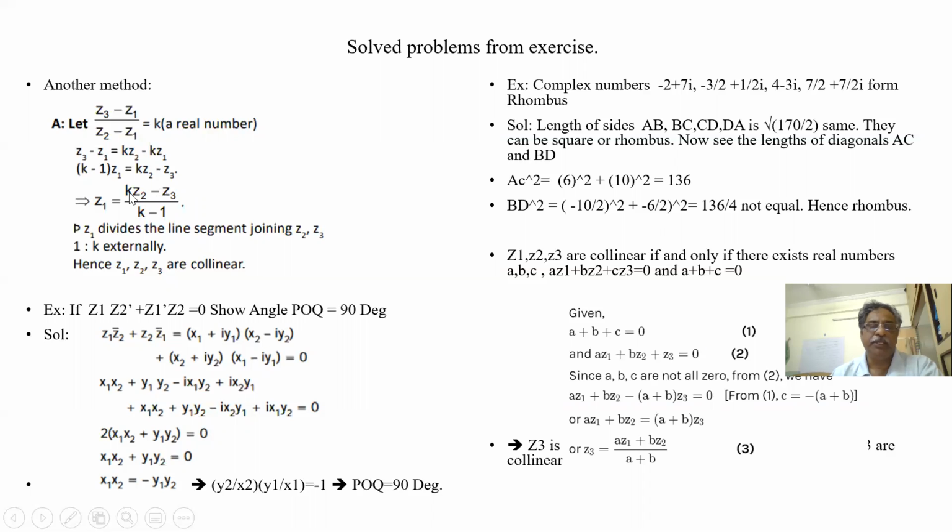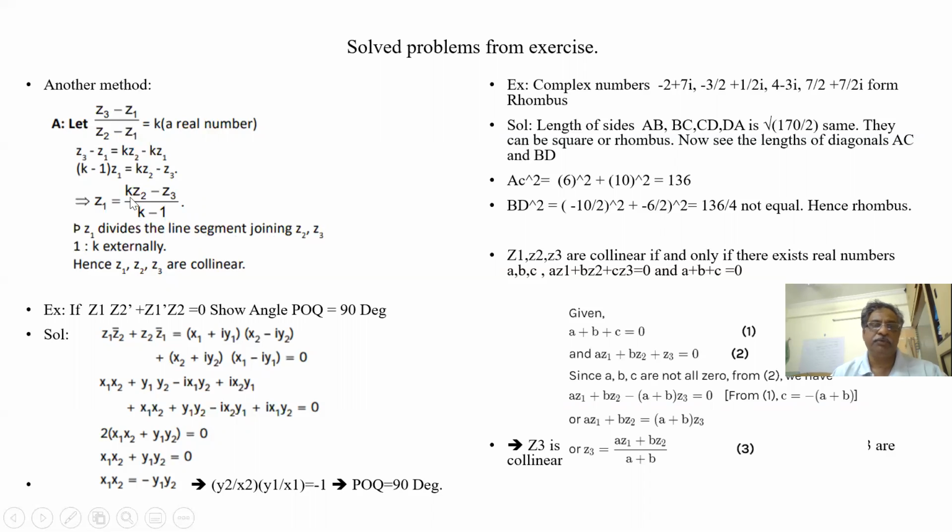It is like (m x2 minus n x1) by (m minus n). It is like dividing Z2 Z3 in an external ratio of K is to 1 or 1 is to K. So dividing Z2 Z3 externally, because (m1 x2 minus m2 x1) by (m minus n).